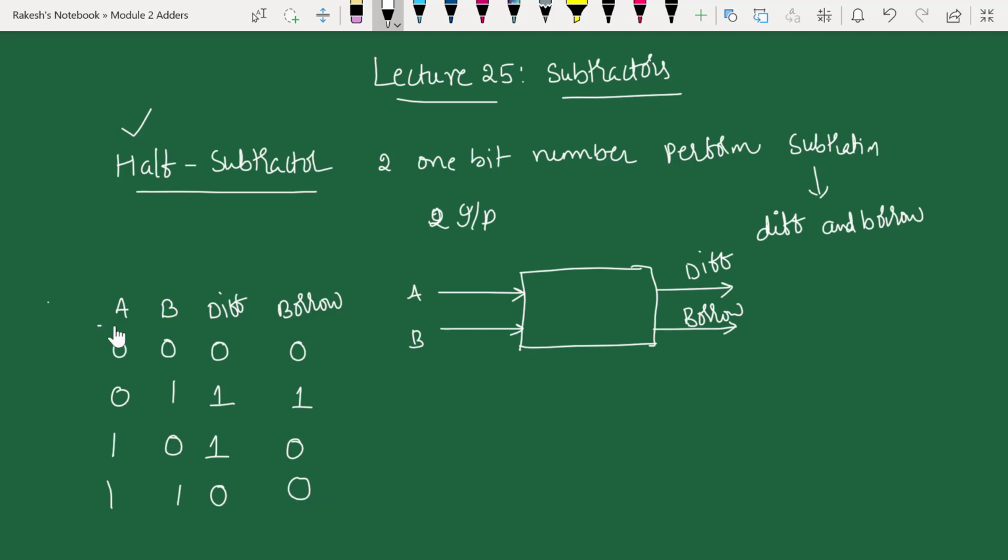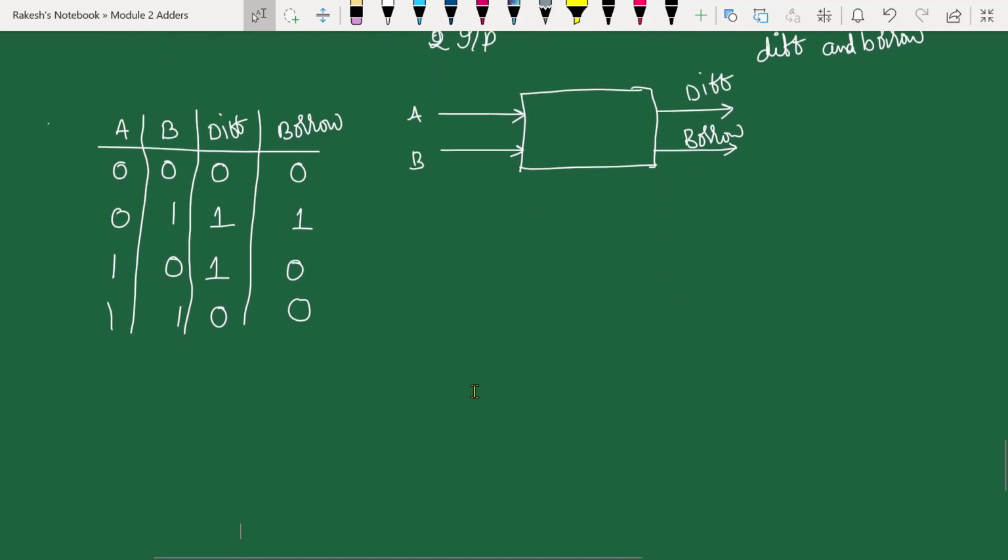Now I am going to form the K-map for difference and K-map for the borrow. As usual I am going to consider universal and basic gates for the circuit design. So in this black box I am going to get my half subtractor. In this case, if I take K-map for difference, it is a 2 variable map.